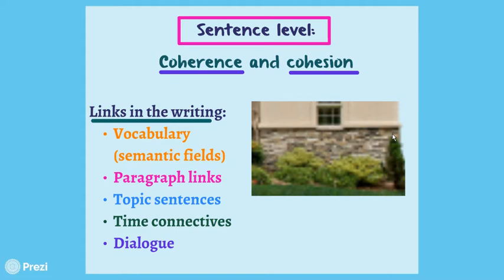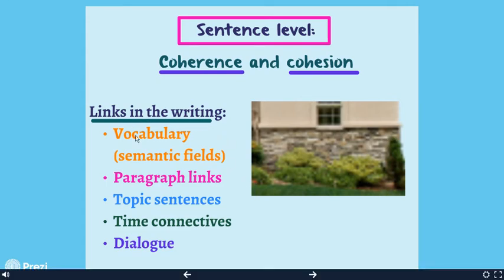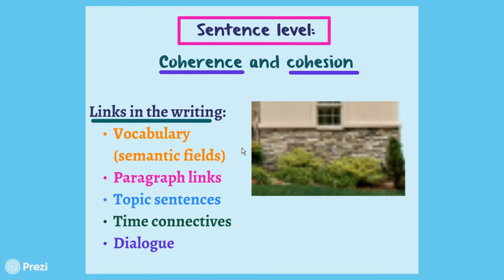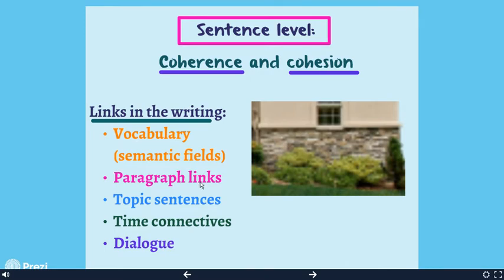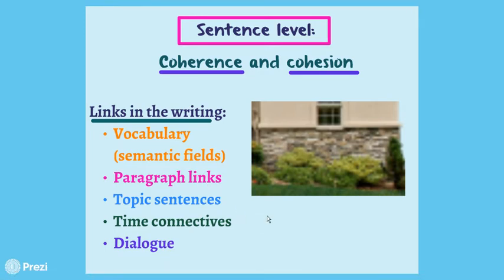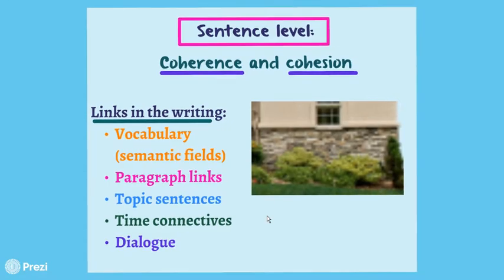So basically things that link up the writing. So categories that you might break this down into are vocabulary, specifically semantic fields, so the way that vocabulary links together to give us a general feel. You can have links within paragraphs, topic sentences, and maybe the use of time connectives, or sometimes even the use of dialogue.